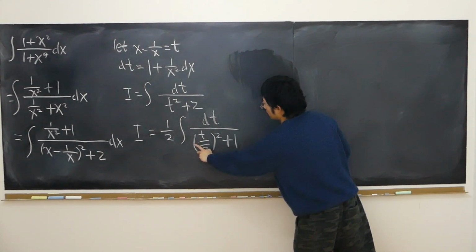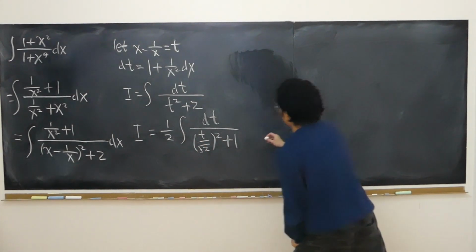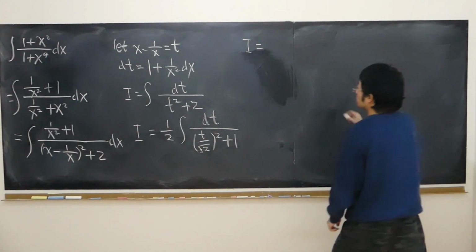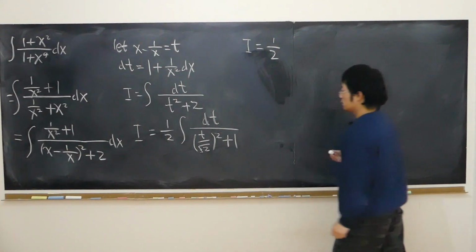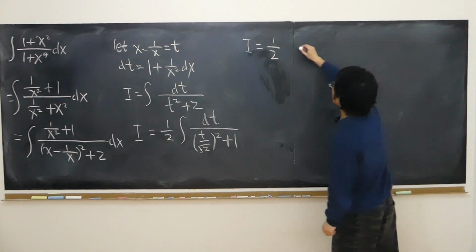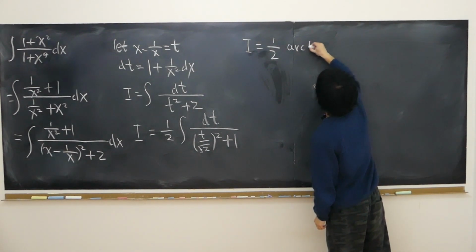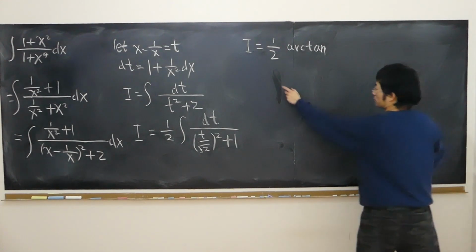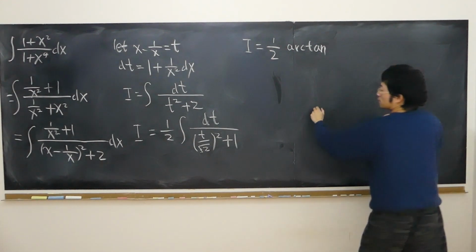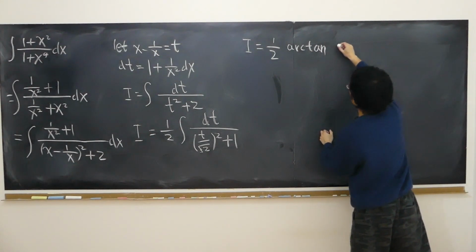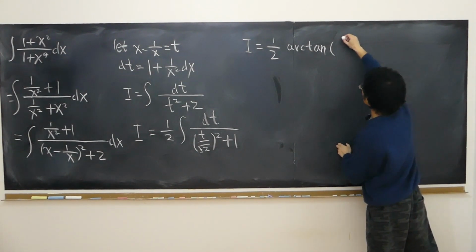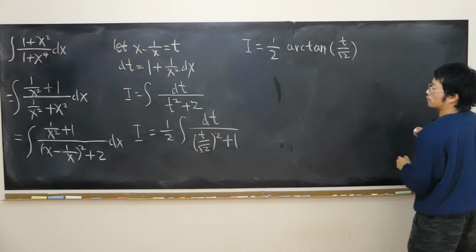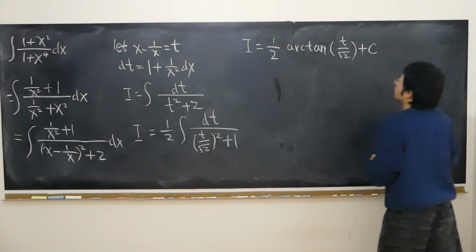So then maybe I can say I is equal to 1 over 2 arctangent, and then we'll figure out the coefficient later. There has to be some coefficient in front. So arctangent of t over square root of 2, of course plus c. Don't forget the constant.